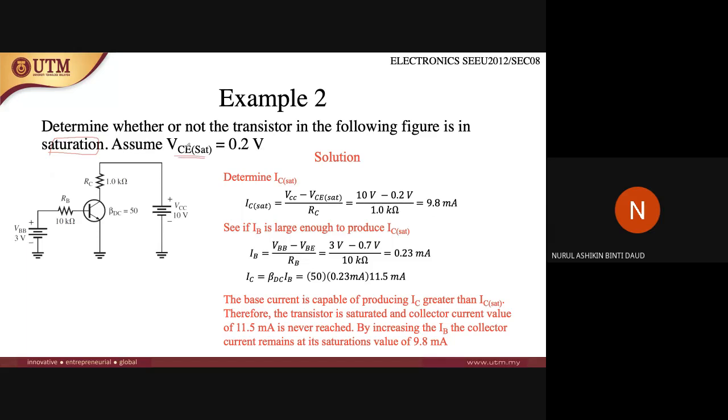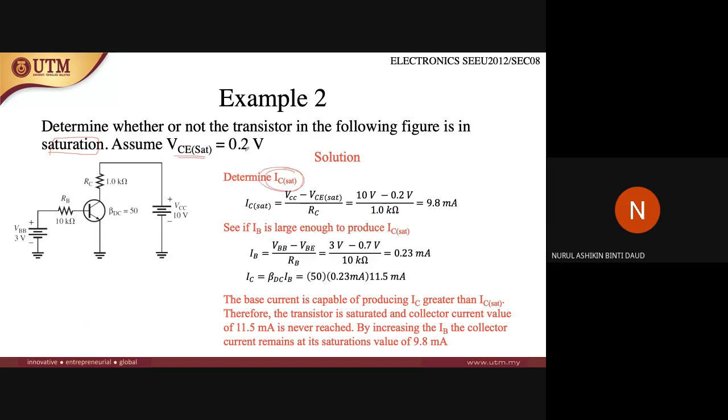So if the value of the current here is larger than that, it will meet the saturation condition and this transistor will be in saturation mode.